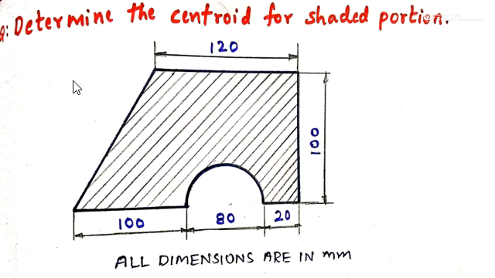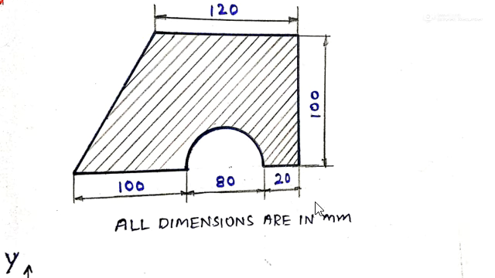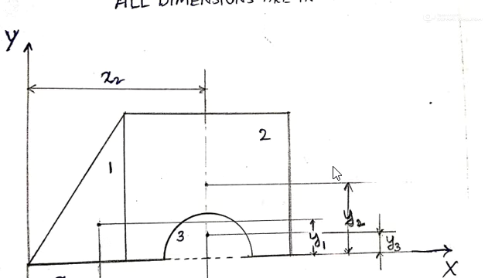So we take the y and x axes such that all the values we get are positive. I am taking the y axis from this last point and the x axis from this bottom. We locate all x1, x2, x3 and y1, y2, y3 and also x bar, y bar from this reference axis.